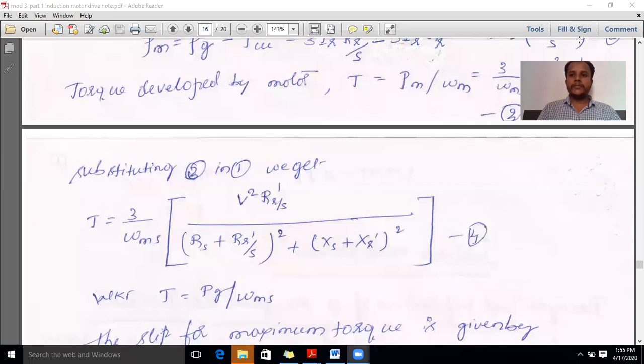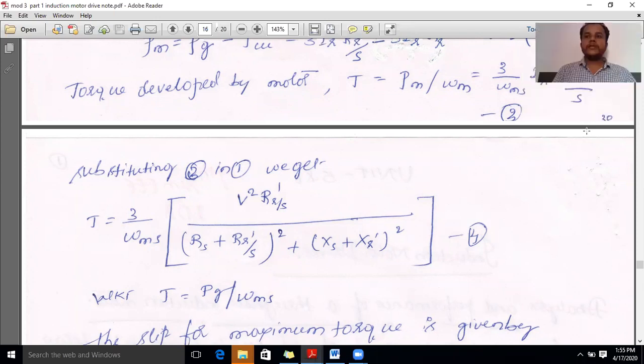So again, I'm going to share some documents. In the previous section, we have discussed the particular torque equation of a motor.